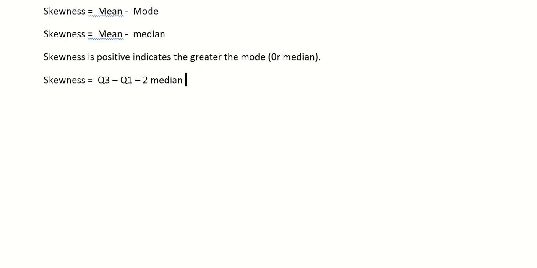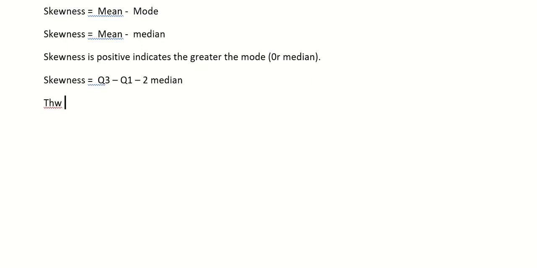Basically, absolute measure of skewness has serious drawbacks. The major drawback is that it can only tell you about the skewness of the current data only. If you want to compare two different data sets, you cannot use these formulas.